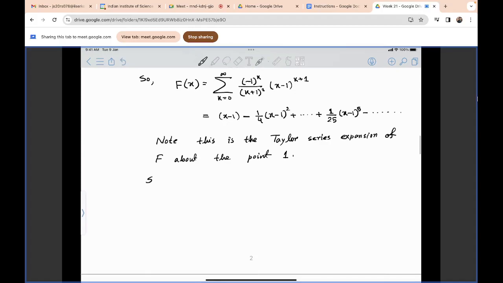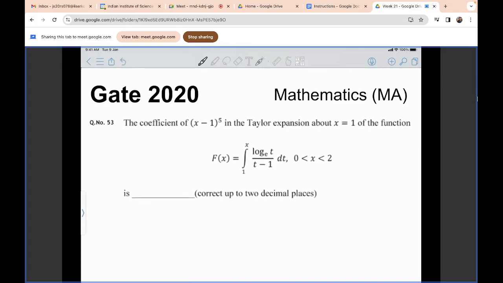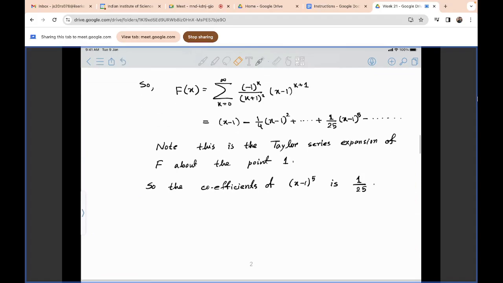So the coefficient of (x minus 1) to the power 5 is 1 by 25.